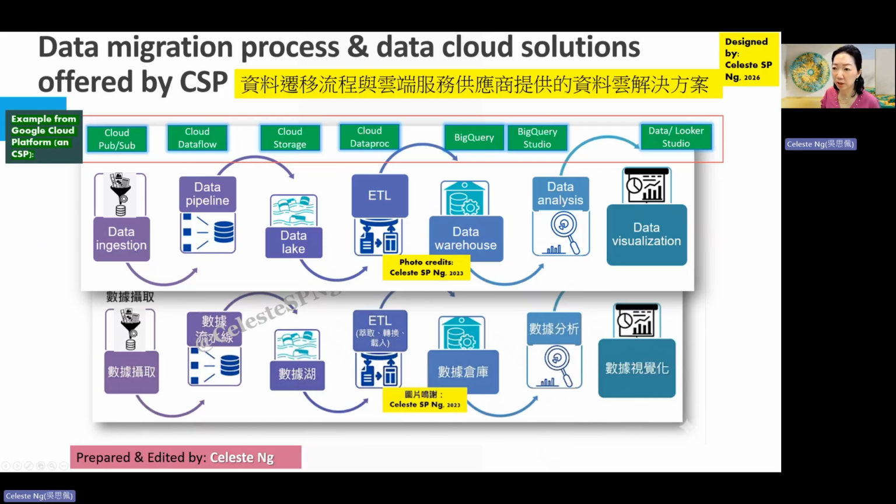All this data can be ingested into these steps, collected and pushed, and then go to the data pipeline, which is a connecting tissue that connects all of our data into the data lake, where it stores our native data, and then gets transformed into highly structured data so that it can be used for analysis and visualization.